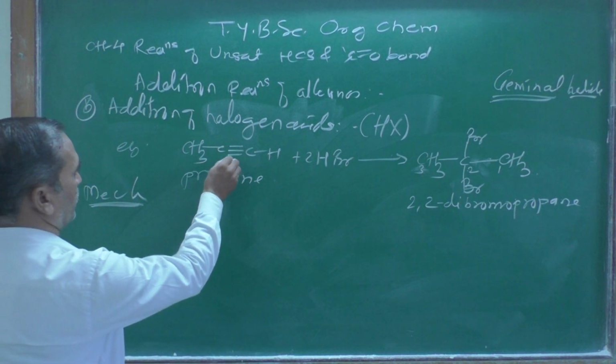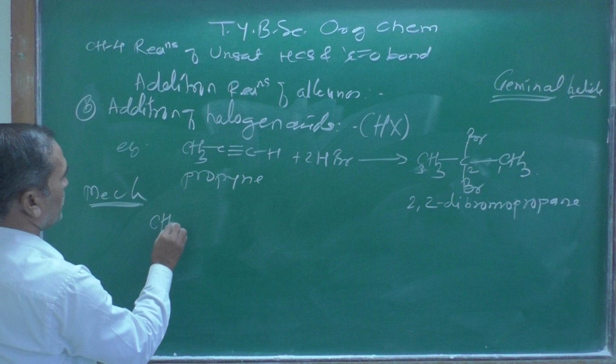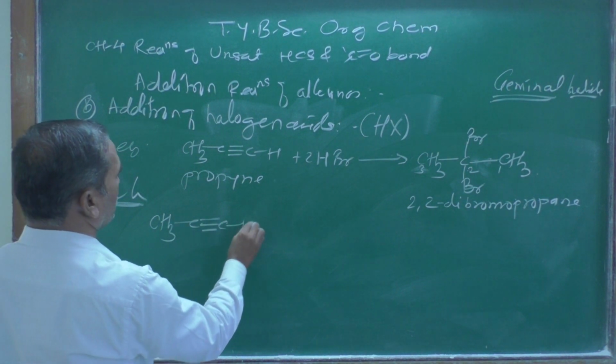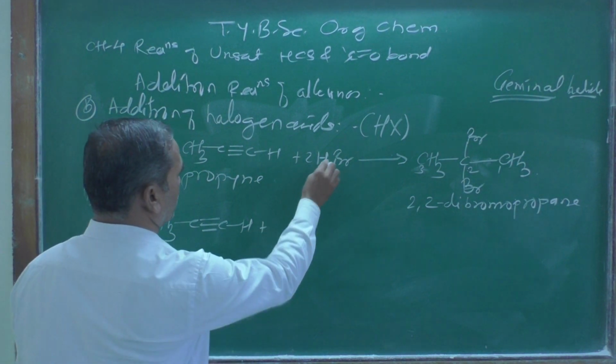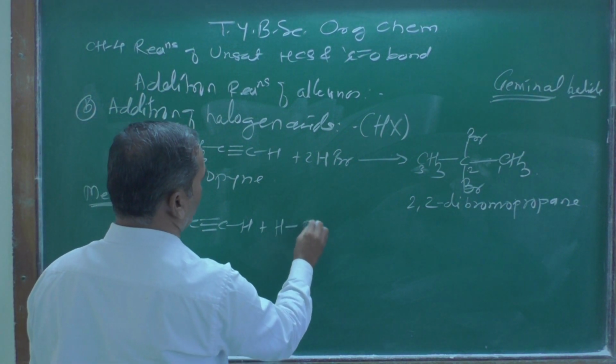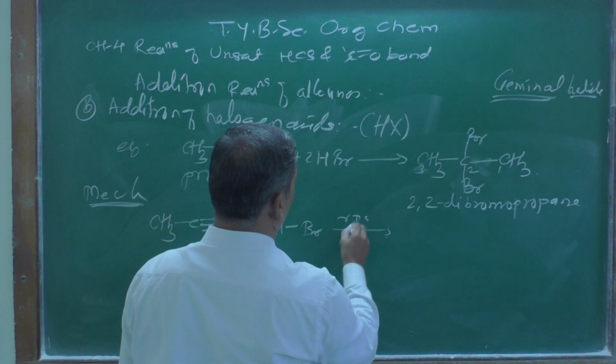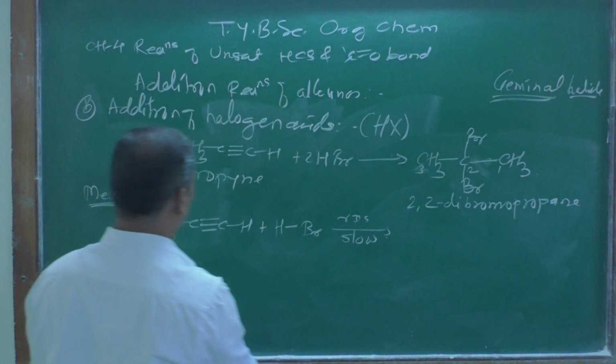Now let us see the mechanism over here. CH3, then C triple bond H, that is propyne, will be the first molecule with HBr adding over there. So the first step is the rate determining step, which is the slower one.